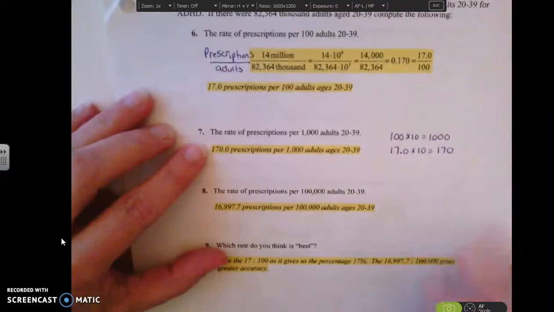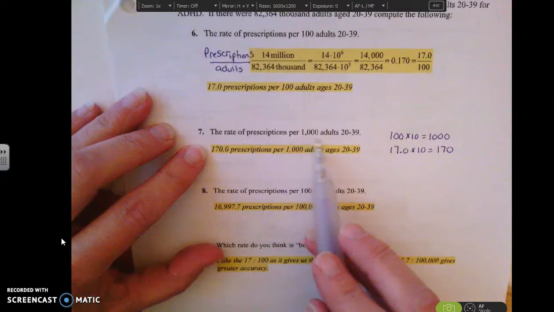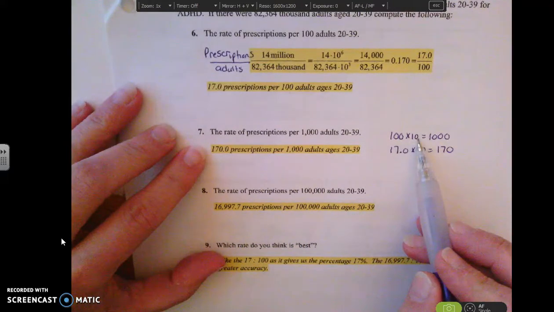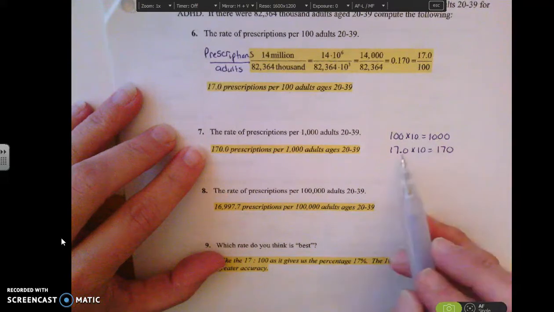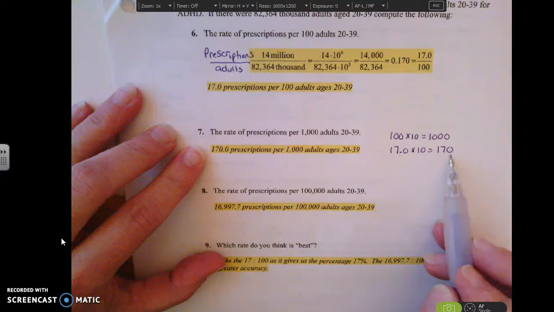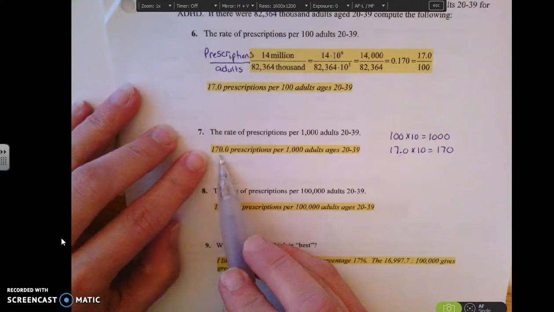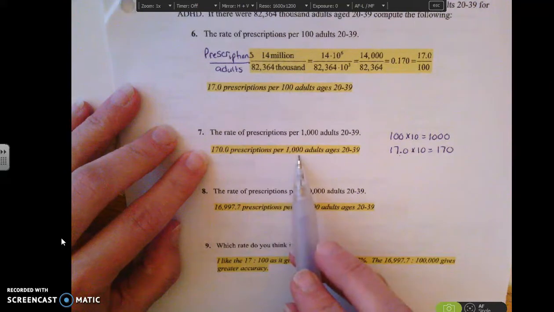So what if I wanted to know the rate per 1,000 adults? Well, 100 is multiplied by 10 to give me 1,000. So I would have to take the 17 and multiply by 10 to get 170. So it would be 170 prescriptions per 1,000 adults.